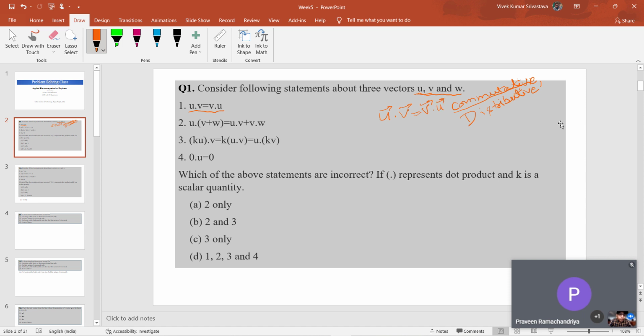Whereas the distributive property says that if you have three vectors u, v and w, then u dot (v plus w) is equal to u dot v plus u dot w. One more property is the multiplicative property of the dot product.